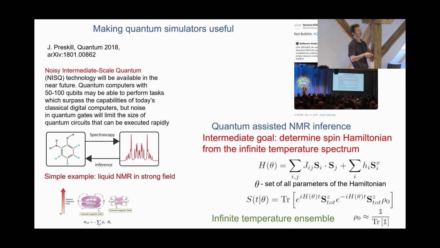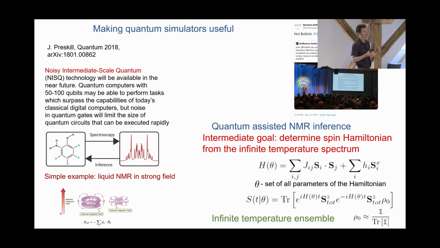In this case, it's actually overdefined, and the simple way to understand it is that the number of transitions that we have is exponential in the number of spins, whereas the number of interactions is just polynomial. But what is unusual about analyzing the spin correlation function that's relevant for NMR is that it's computed at infinite temperature.